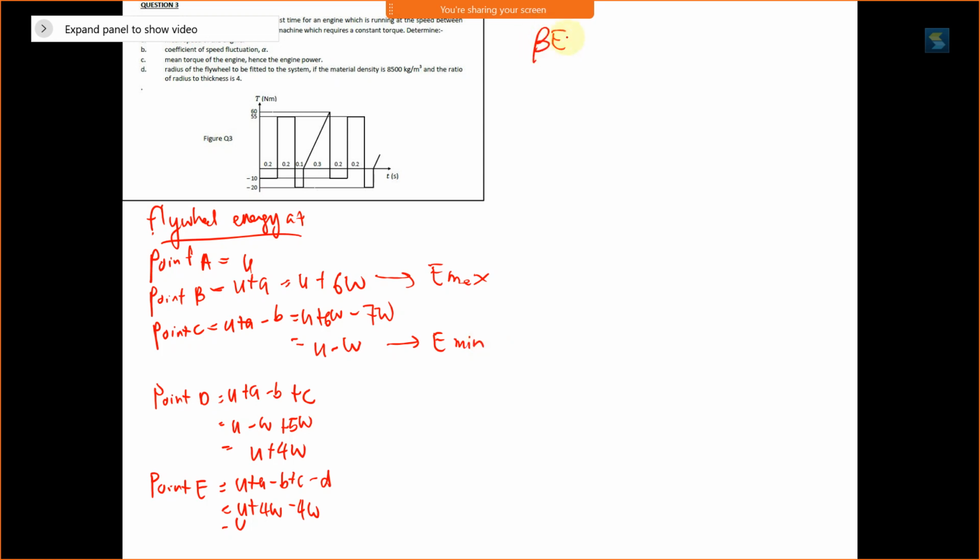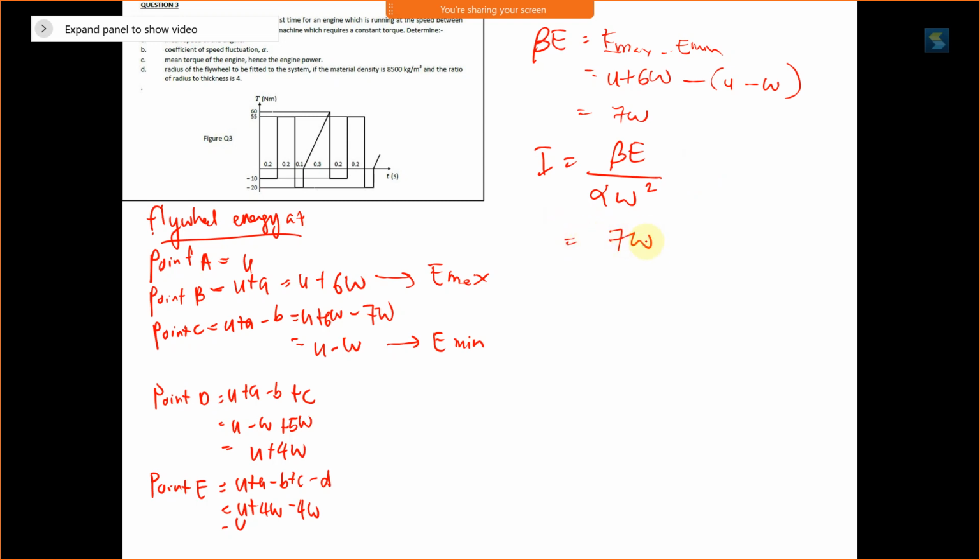Alright. So from here we can find BE. So dapatkan dia punya BE, which is 7 omega, isn't it? So once kita dah dapat 7 omega, dekat situ kita boleh guna equation, which is I equals to BE over alpha omega square, which is 7 omega over, what is our alpha?